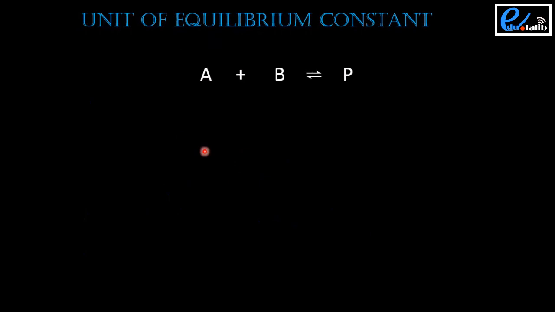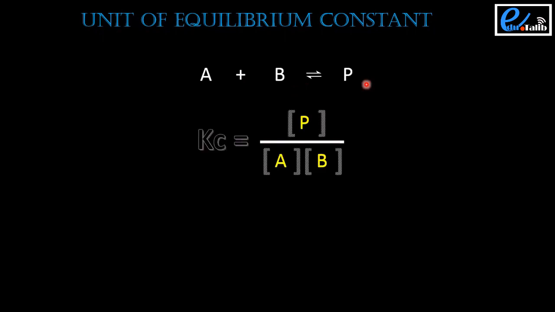Considering the same equation, A plus B giving you the product. First, as we know, the Kc expression is the concentration of P, which we pronounce with the square bracket, the concentration of product in the numerator, over the concentration of reactant A multiplied by the concentration of reactant B. But we are now working for the unit of the Kc.